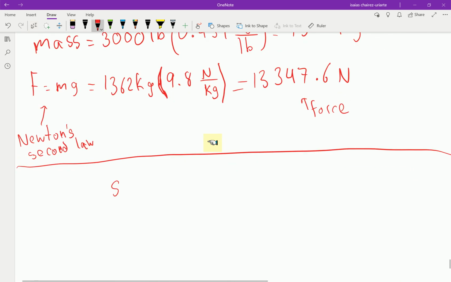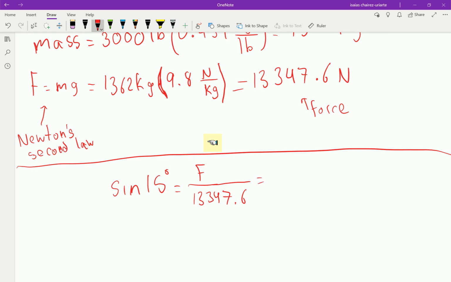Sine of 15 degrees is going to be my force divided by, since I'm dealing with forces here, I don't want to write the 3,000 pounds, I'm going to write 13,347.6 newtons.